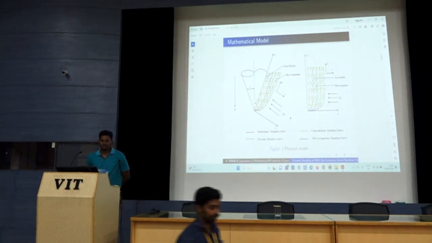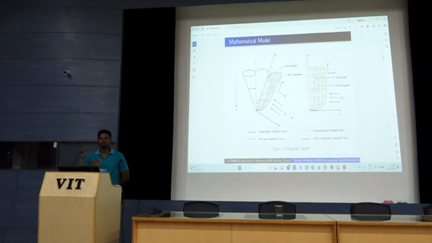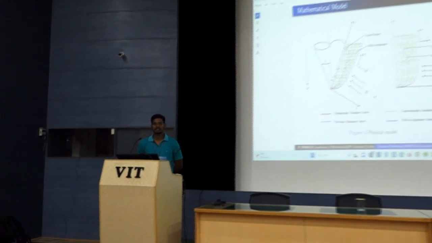Here the y-axis is perpendicular to the cone and plate, and the x-axis is along the surface of the cone and plate. This layer is the boundary layer. In this paper we explain the heat and mass transfer via boundary layer theory, which is one of the best methods for investigating heat and mass transfer.